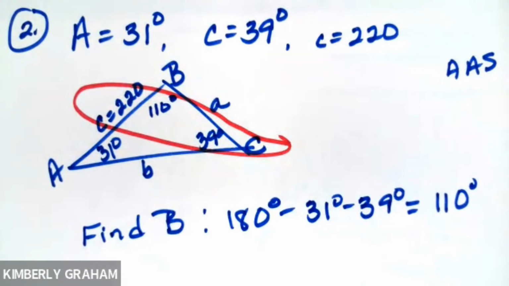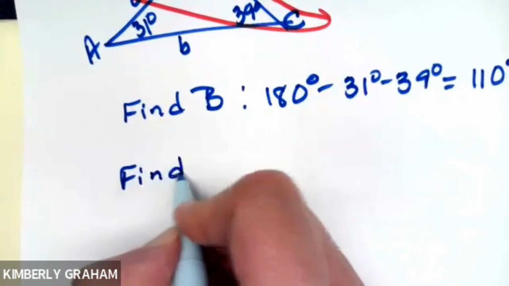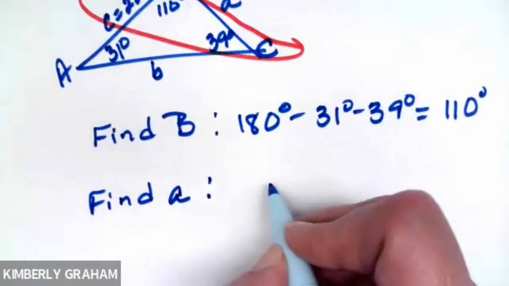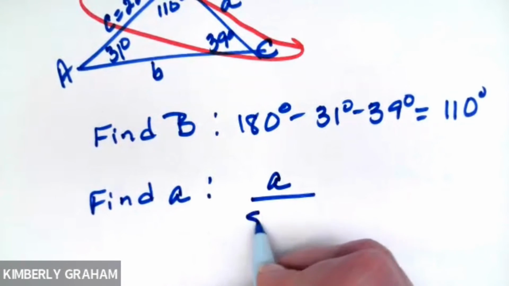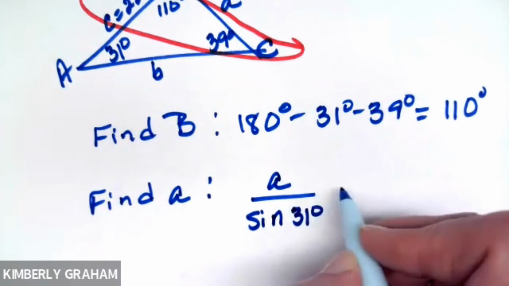So now I've got enough information that I can find the measure for side A and the measure for side B. And again, I'm just going to do those in alphabetical order for no other reason than it's just a way to keep me organized when I'm doing these problems. So I've got side A is going to be in proportion to sine of 31 degrees.